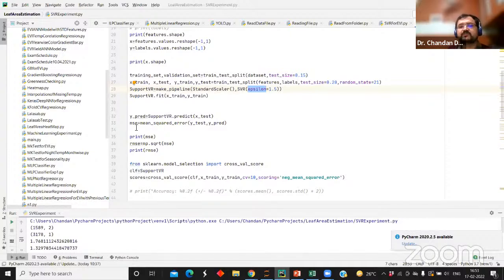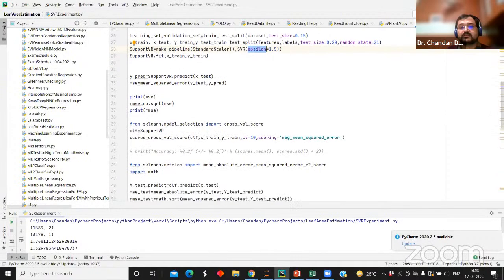Then the performance metrics, I believe you all know: mean square error, and after that we have taken the square root of the mean square error to identify the RMSE.